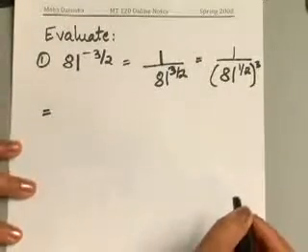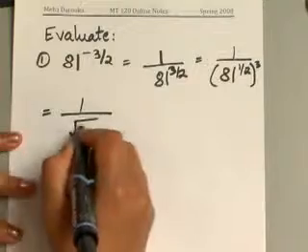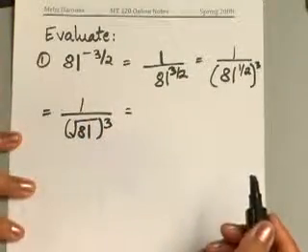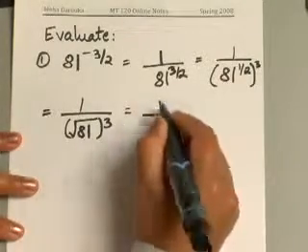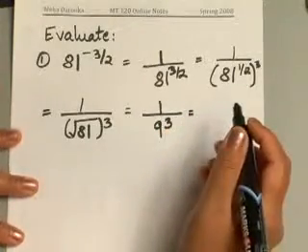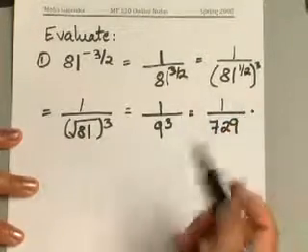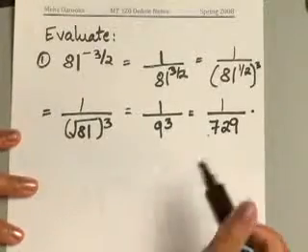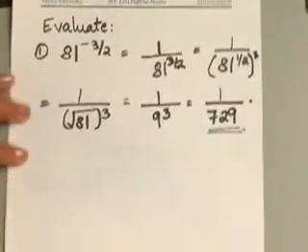So that will give you 1 over 81 to the 1/2, which is the square root of 81. And then you have the third power outside, which will give you 1 over the square root of 81, which is 9. 9 to the third will give you 1 over 729. 9 cubed is 729, so you end up with 1 over 729 as your answer.